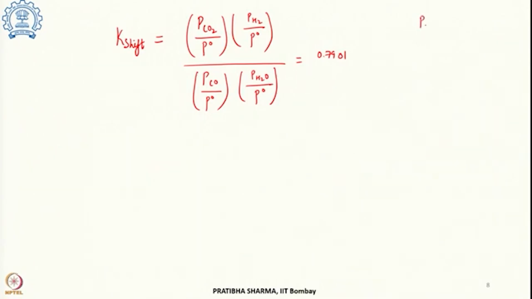Now let us again substitute the value for the mole fraction. So partial pressure for species i is nothing but mole fraction times the total pressure. Now again we will use all these mole fractions from the table.